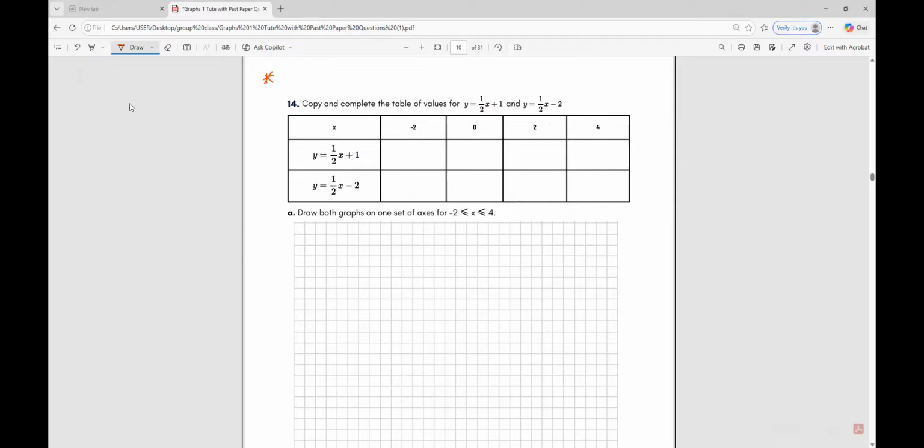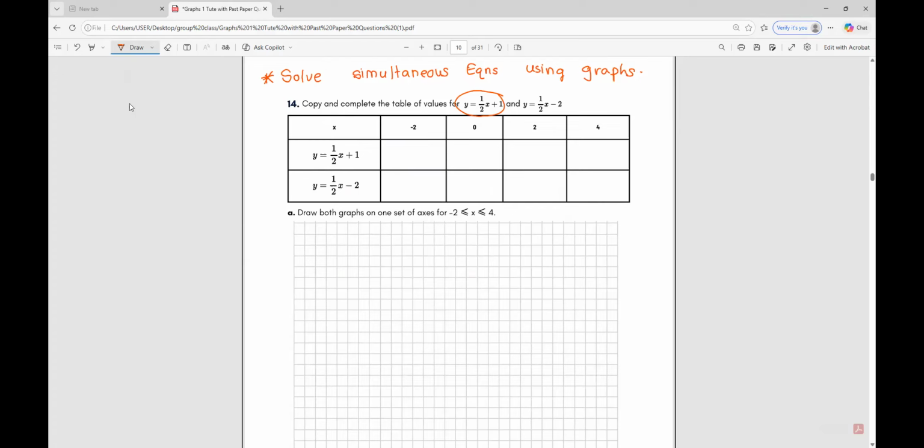We use this method to solve simultaneous equations using graphs also. So they are given two equations now. We make both equations in the form y equals mx plus c. Then draw the two lines on the same graph paper.